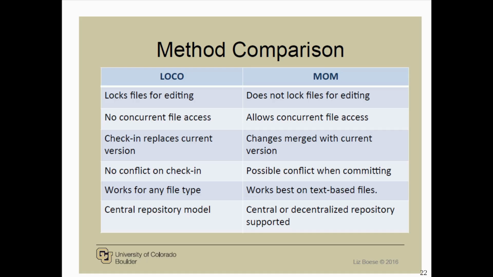If you and another developer edit the same line or even the same file and all the changes are close enough, you can wind up with merge conflicts. Works best with text-based files, central or decentralized repository supported.